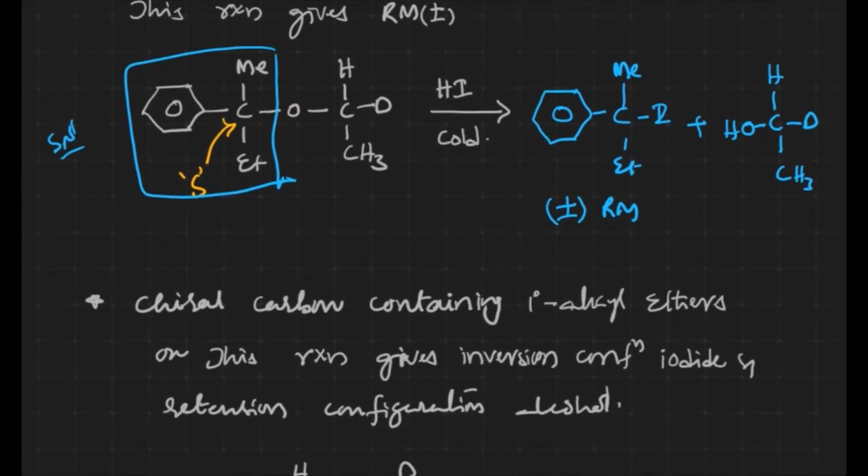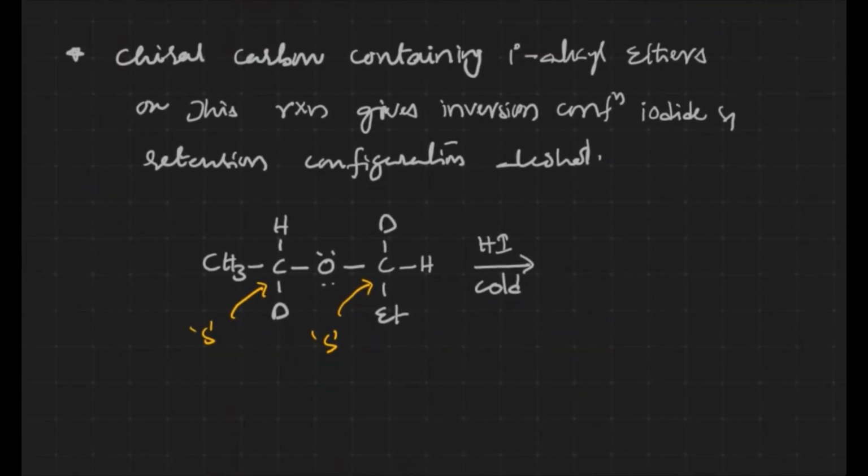Now let us see some other points over here. A chiral carbon containing primary alkyl ethers, and this reaction gives inversion configuration iodide and retention configuration alcohol. Okay, inversion means what? If the configuration of the product is completely opposite to that of the reactant, that is going to be inversion. If it is the same configuration, that is going to be retention.